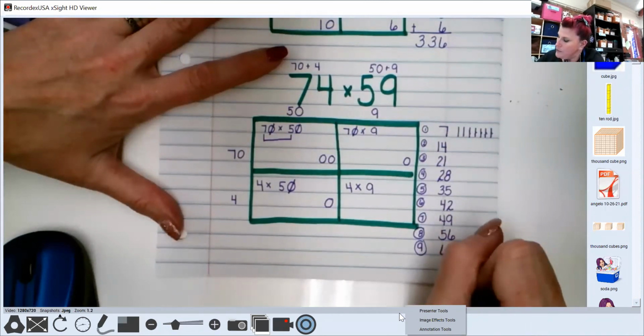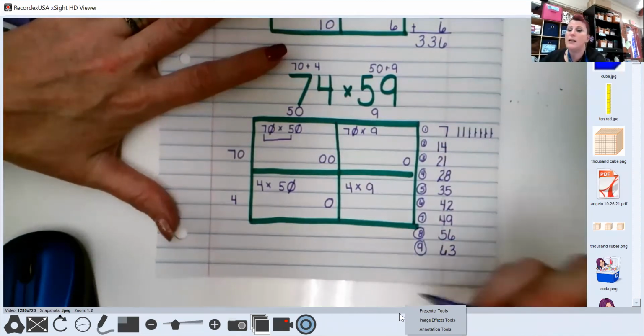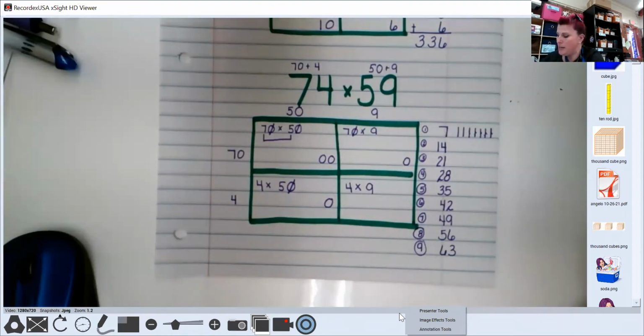And again, you only have to do this if you don't know your multiplication. If you know your facts, you don't have to do that.